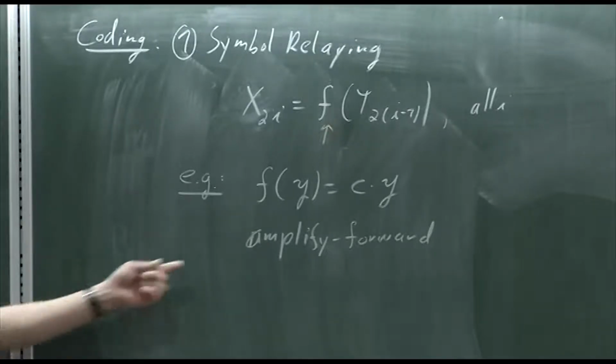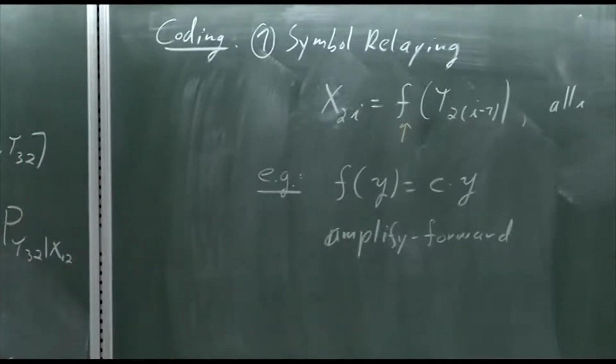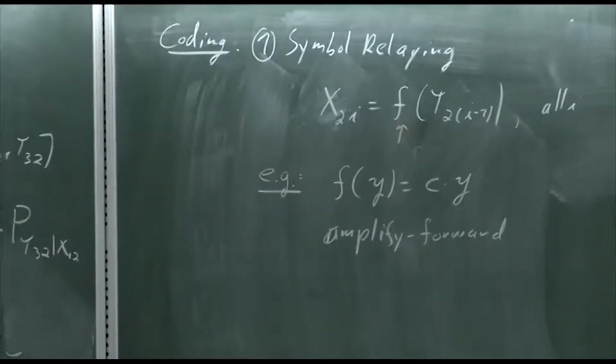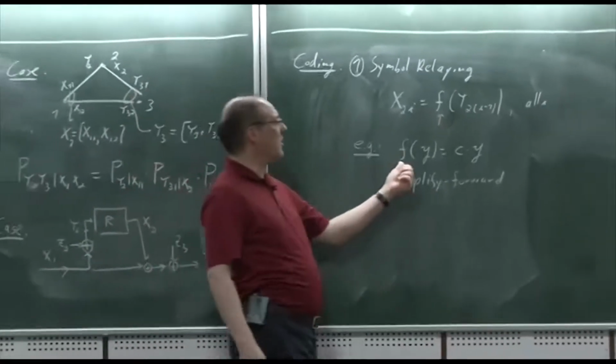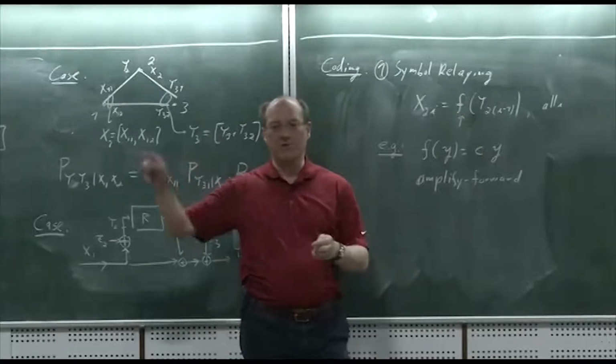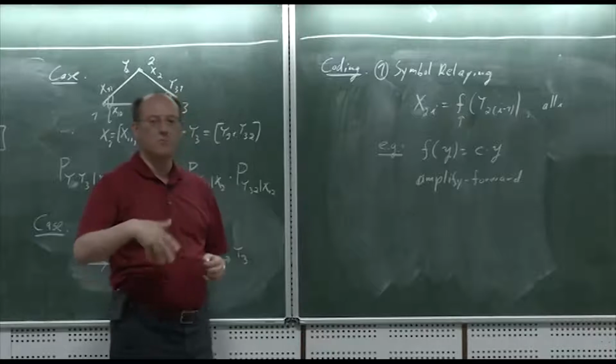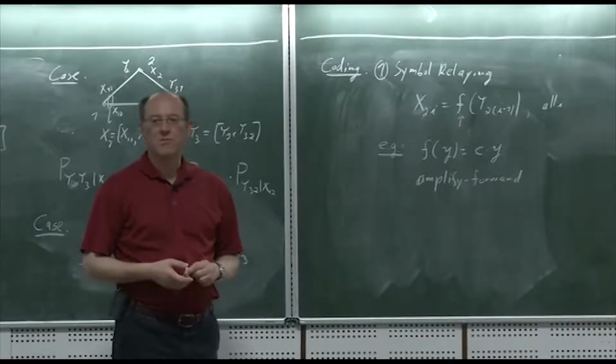I mentioned that amplify forward is reasonably good at high signal-to-noise ratio, but is pretty bad at low signal-to-noise ratio. And there, what you can do is optimize this function. One choice is a modulo, which works very well. I think Mikael Skoglund from KTH, his group, worked a lot on that. The other one is to optimize it.